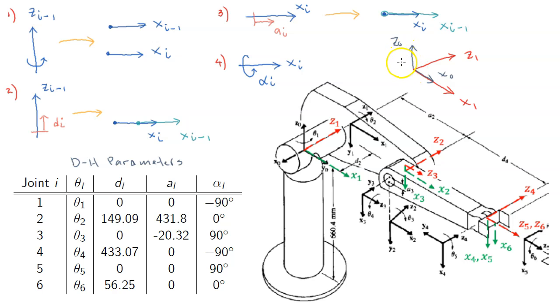Therefore, in order to make the two coordinate frames coincide, I have to rotate coordinate frame 0 minus 90 degrees about X1. Okay, so if I rotate this minus 90 degrees, then I will end up having Z0 over here.